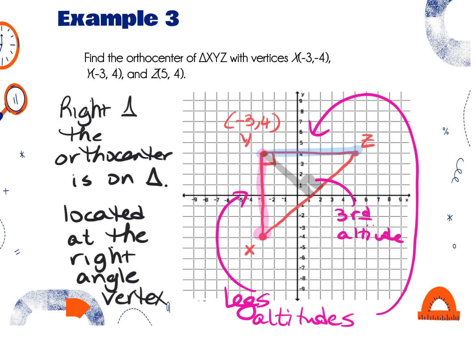But the main thing you need to remember from this is the orthocenter, when it's a right triangle, is always located at the right angle. So it's going to be that vertex of the right angle. The two legs are always going to be altitudes. The orthocenter, when it's a right triangle, is always going to be located at the vertex of the right angle. So that vertex ordered pair is -3, +4.